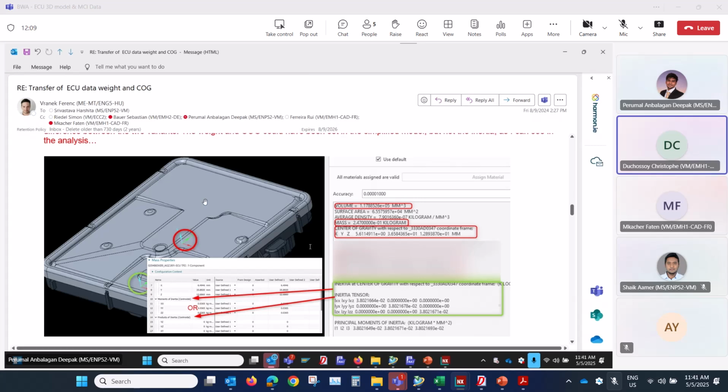Because to have a product of inertia at 0, it's only when we have a perfectly symmetrical element, and a sphere could be the reason. And on this table, the values of the inertia tensor are at 0 for that, and for this reason we are thinking that they extract the information from the simplified geometry and not from the real geometry.